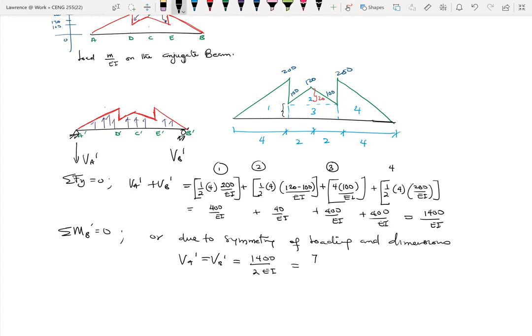I'm going to give you guys a little assignment. It's not really an assignment. Try solving this particular problem on your own. Instead of using my symmetry approach, sum either moment about A prime or B prime.